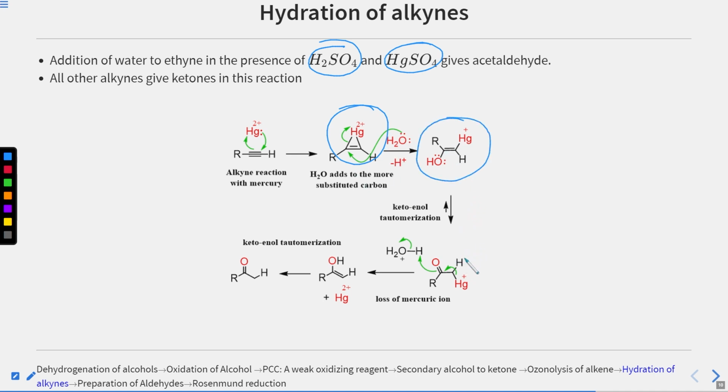In the next step, this will undergo ketone-enol tautomerism to give our required product, and further hydrolysis of this will give us your final ketone. Clear? So it is happening in this way. We can take H2SO4 also. In that case, it would form a complex that would look like this.